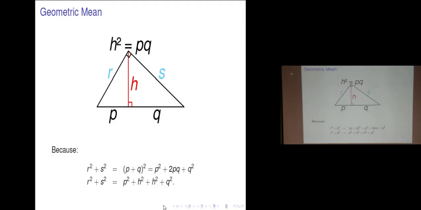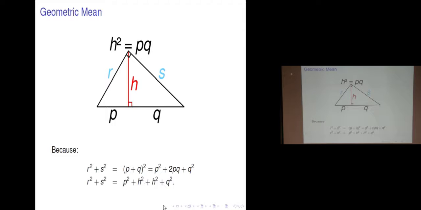Now, if you look at this right-angled triangle, R squared equals P squared plus H squared. By the same reason, S squared equals H squared plus Q squared.